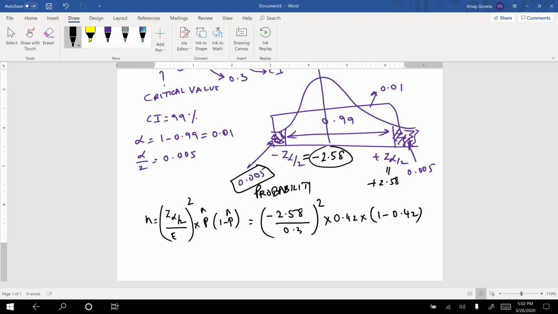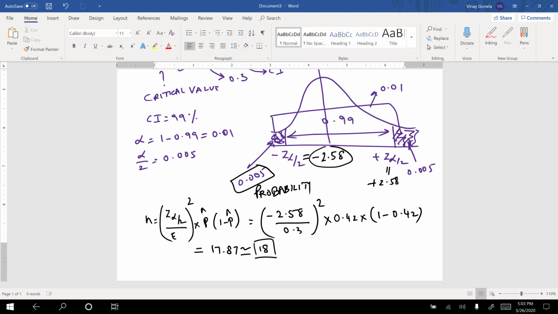If I calculate this, I'm going to get 17.87. I will round it off to the next integer, which is 18. So I need 18 sample data points to make any meaningful conclusion about the proportion.